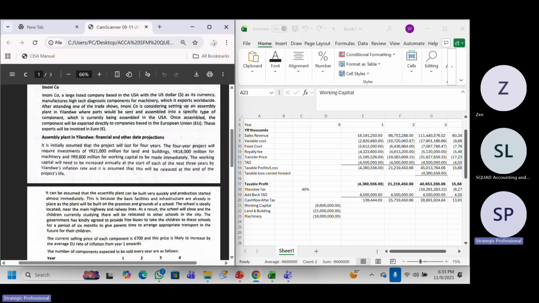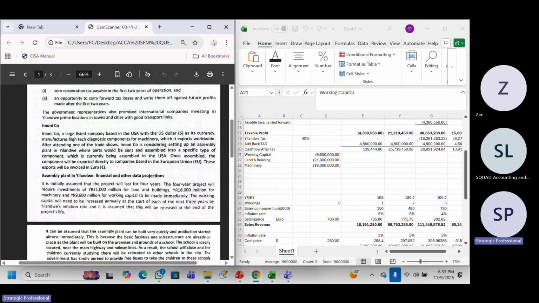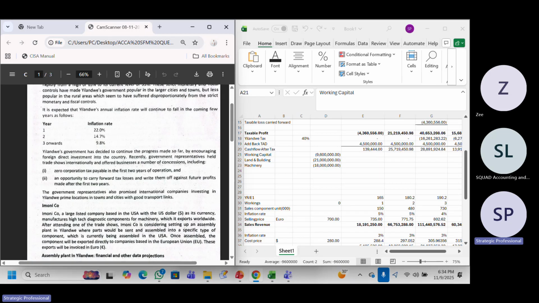The question is, what is Yilande's inflation rate? Give me the figure now. Okay, you're right, that's the 22%, and all those 14 and all those things.